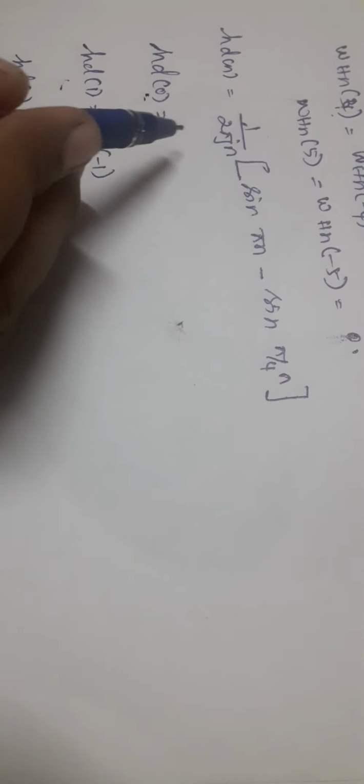So we calculate for hd of 0. Instead of n it is 0, substitute wherever the n is, 1 divided by 2 pi into n into sine of pi n. Instead of pi you substitute 180 degrees into 0, minus sine pi by 4 into 0.